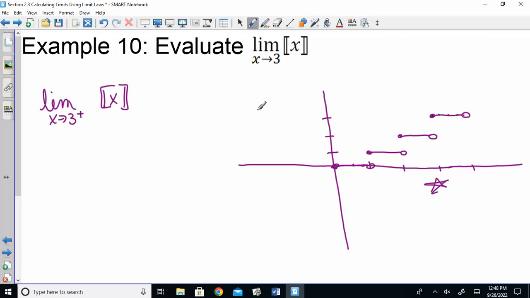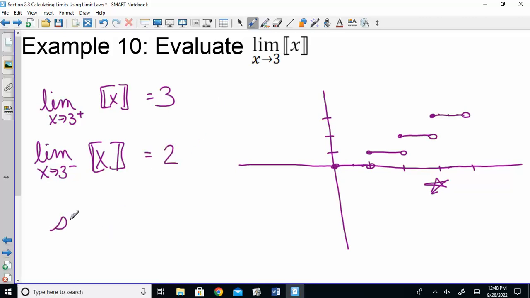What am I getting out? 3. If I approach 3 from the left, I'm putting in things smaller than 3. So I'm putting in 2.5, 2.7, 2.9. What am I getting out? 2. So, the limit does not exist.